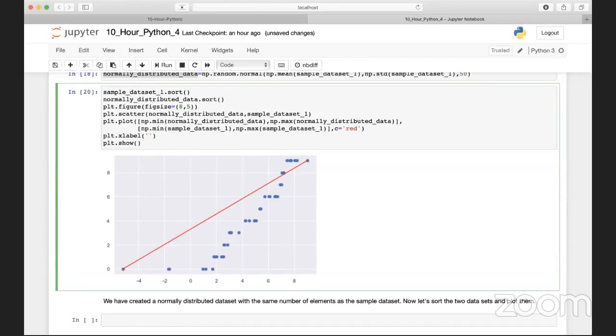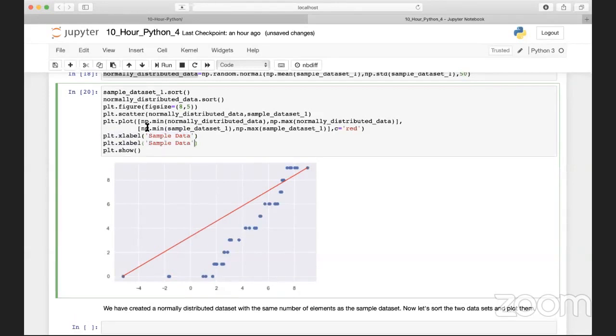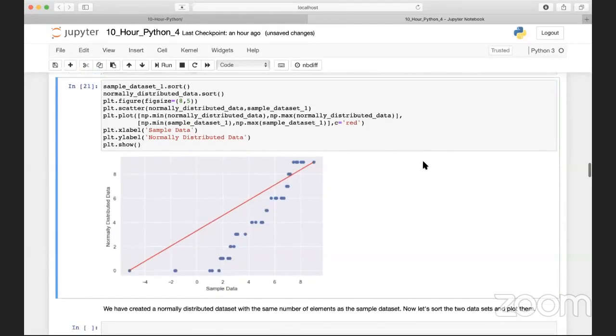plt.xlabel sample data. Okay. plt.ylabel is the normal distributed data. Normally distributed data, right? Sorry, this is Y, this is X. There we go.